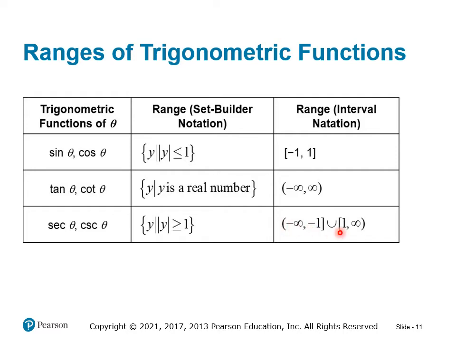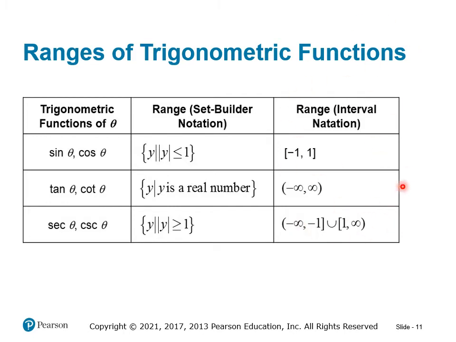And you see that here. While sine and cosine are between -1 and 1, the secant and cosecant kind of meet them. They go from -infinity to -1. They miss that range that sine and cosine have, and then they start at 1 again and go up to infinity.